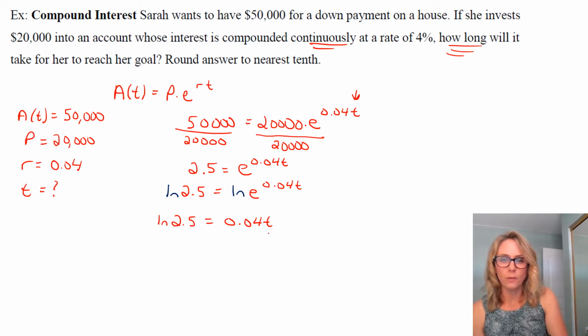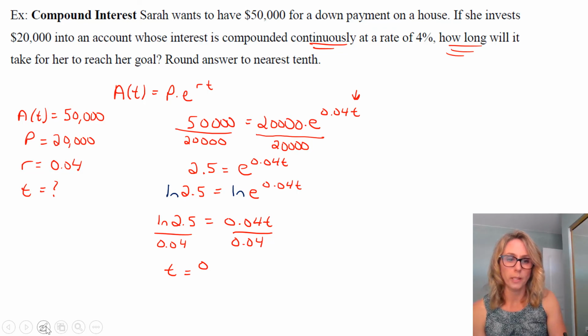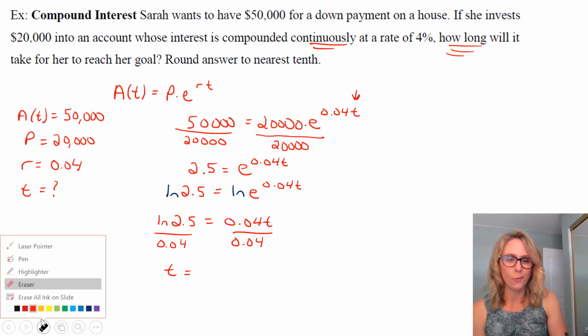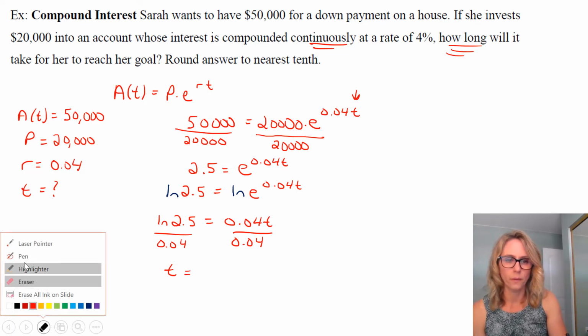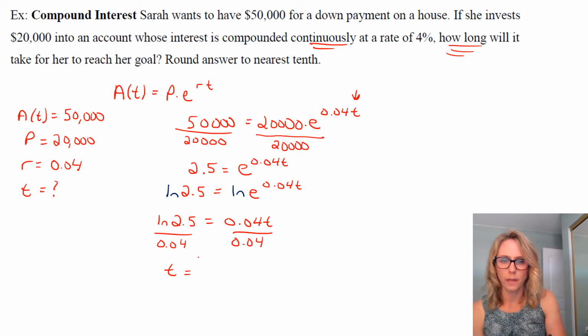And then, just our last step, we are isolating the t, getting that t by itself. I'm going to just switch these so that I have t equals. So our answer will be ln 2.5 divided by 0.04.